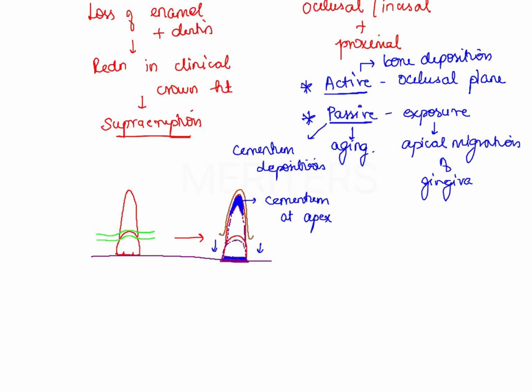And therefore this portion of the tooth is getting exposed, and that is what clinically we term as gingival recession. Therefore, passive eruption brings about gingival recession, exposure of the tooth via apical migration of gingiva. Therefore, this attrition followed by supra-eruption is a good example of passive eruption of the tooth.